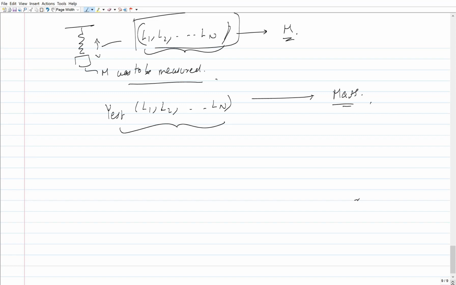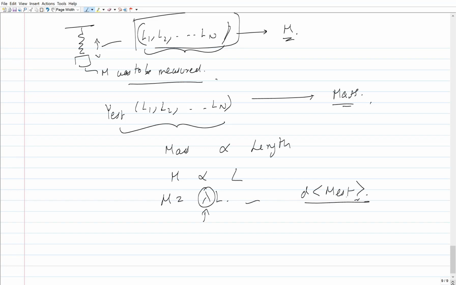It's a simple point. So for example, let's say the mass to be measured was proportional to the length of extension L, or M was equal to lambda L. We need to extract the scaling factor in order to put it back and make sense of the variance of our estimation. And really what does it is the derivative.